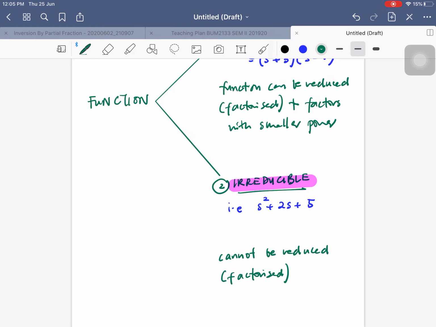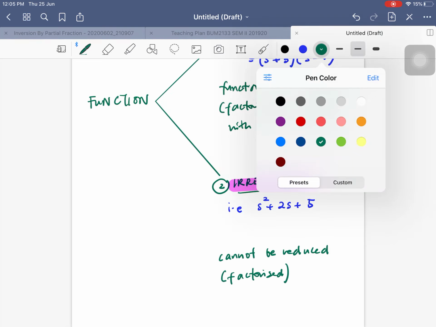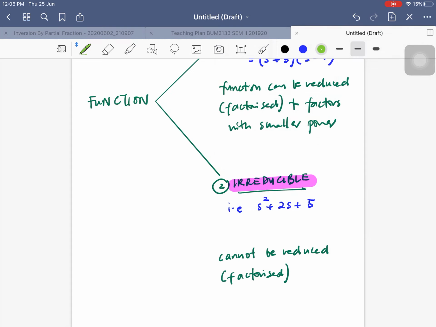How do you know that this cannot be factorized? If you use your calculator for this reducible function, you plug in a equal 1, b equal 2, and c equal 5. You will find that the roots come out as complex numbers. Remember in table 2, we have seen how complex numbers look.